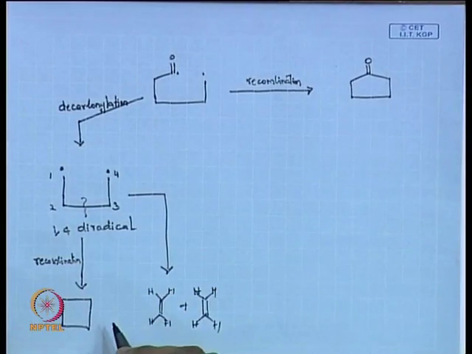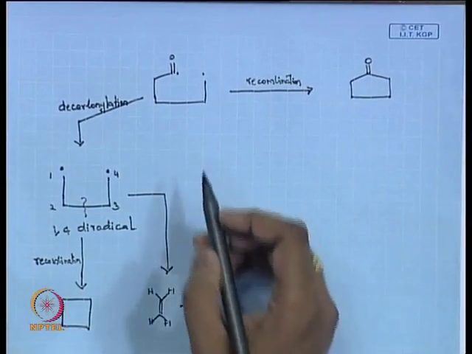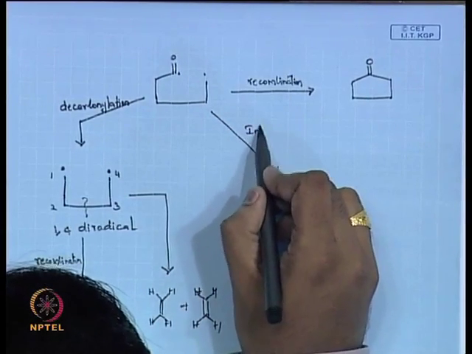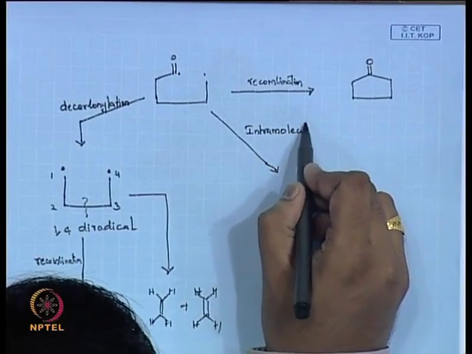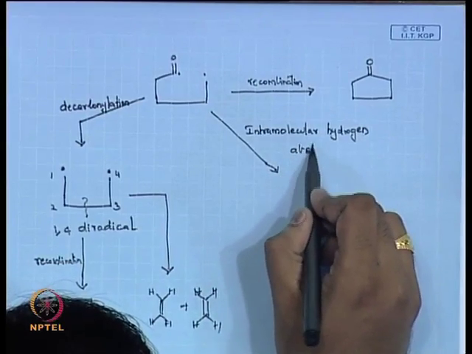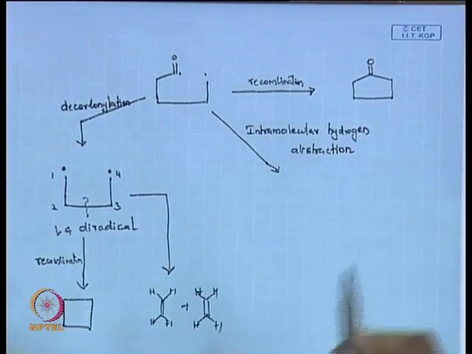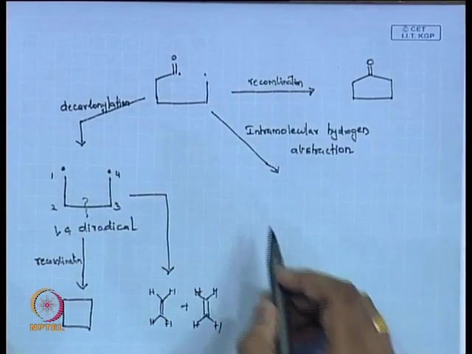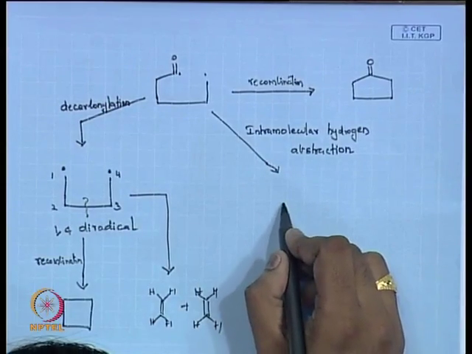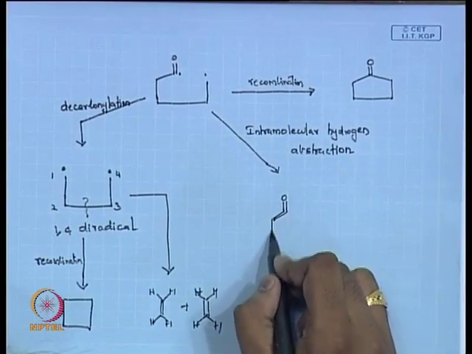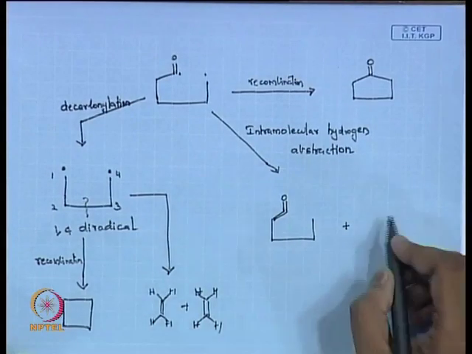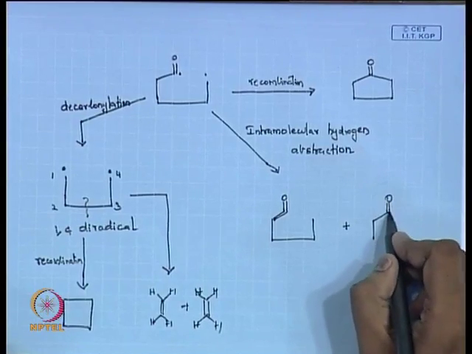But anyhow, you can see minor products of your recombinations, plus you can see your intramolecular hydrogen abstraction, that is, you can think about getting your ketene, right. You can get your ketene, or at the same time you can get your aldehyde.